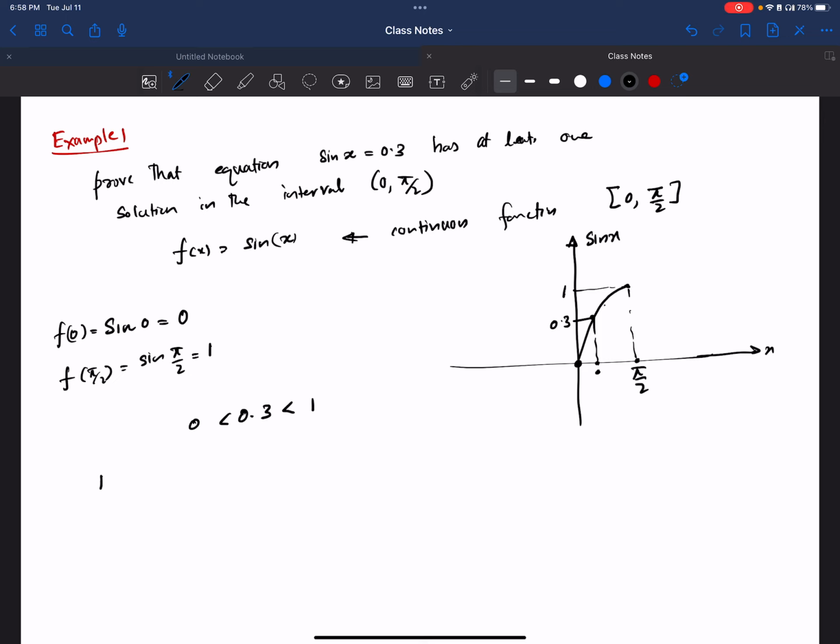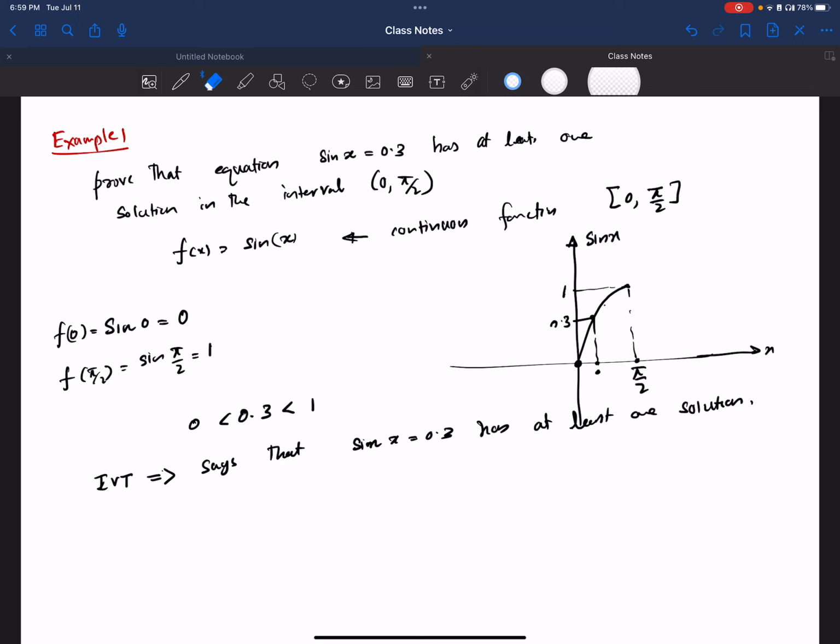So then the intermediate value theorem says that sine x equal 0.3 has at least one solution. There should be a value. This is the m, right?